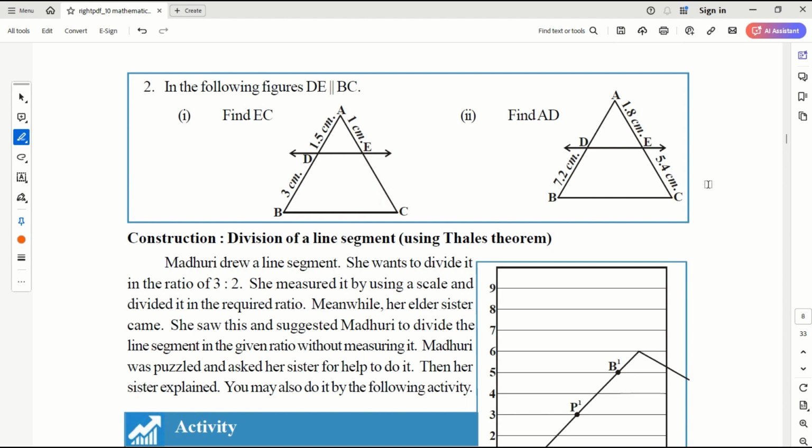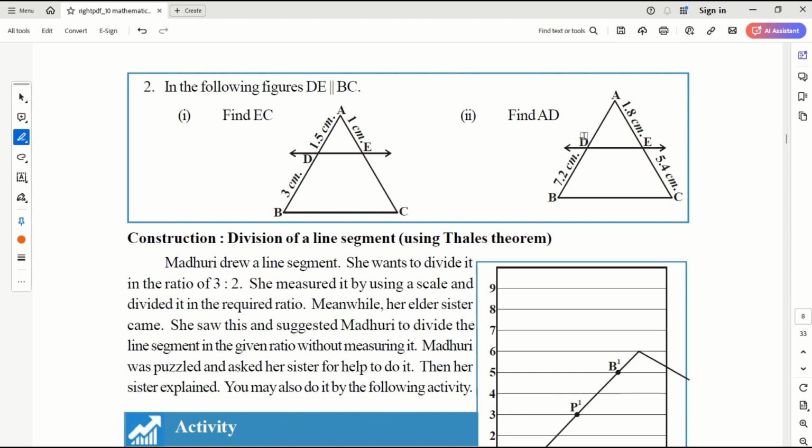Similarly here, 1.8 by 5.4 is one third basically, or three times. So you need to get one third of 7.2, which is what you should get here. So 7.2 by 3 is 2.4.